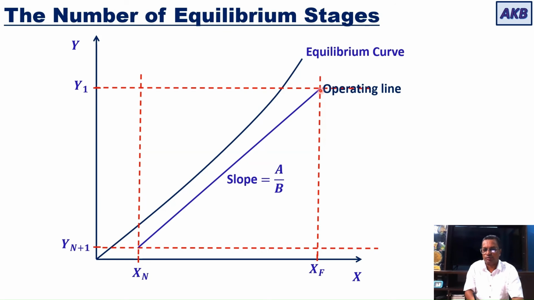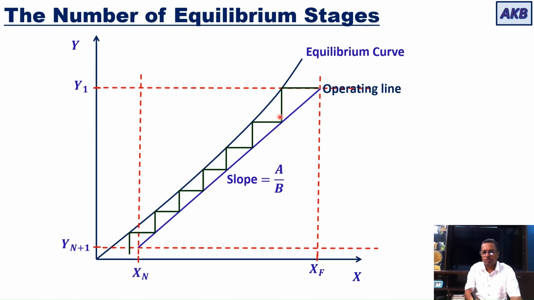So you start at this point, travel a horizontal distance, go to the equilibrium curve. Once you reach the equilibrium curve, come down vertically to the operating line, then travel horizontally to the equilibrium curve, come down vertically to the operating line, and continue in this way, stepping between the equilibrium curve and the operating line, finally to the operating line.